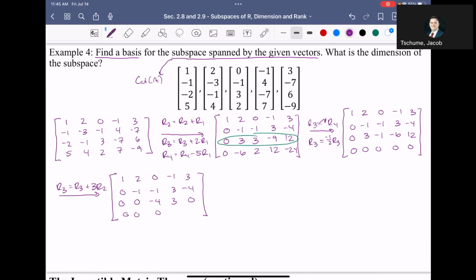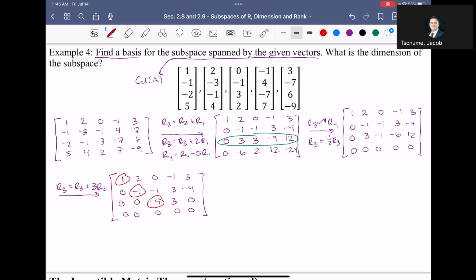And then a row of all zeros on the bottom. In the end, that's as far as you need to go, because now we can simply identify our 3 pivot positions. And I don't need anything above them to be 0, so that's good.